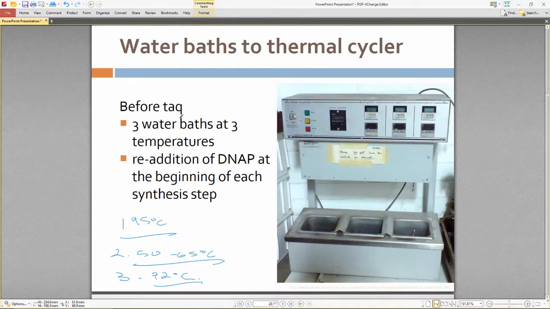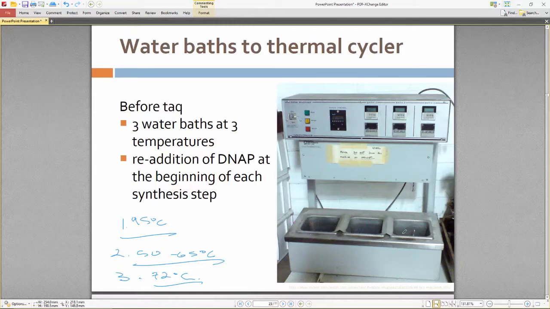So what did we do before we knew about Taq? We had 3 water baths at 3 different temperatures, and we would have to re-add DNAP at the beginning of each synthesis step. Why? Because first you put the DNA molecules in here, let's say it's 95 degrees Celsius. We move it here, 50 to 65 degrees Celsius. This is where we add our primers. And then over here, we would add in our DNAPs, right?